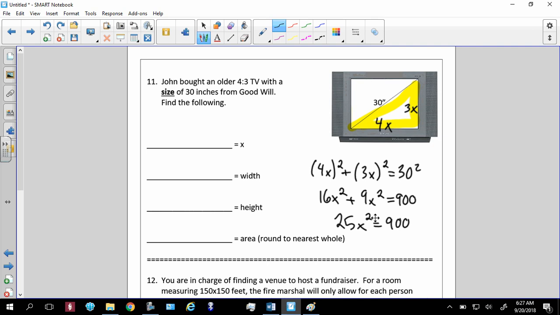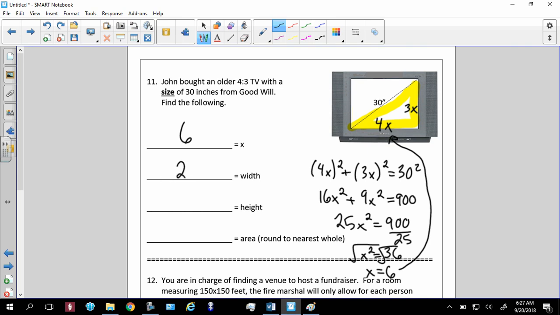Notice how the square stays. Some of you guys are not putting the square on there. So I divide by 25, and I get x squared is equal to 36. Then I square root. Some of you guys aren't square rooting because you dropped the square on the x for some odd reason. So x ends up being 6. Now to find the width, take 6, plug it in for x.